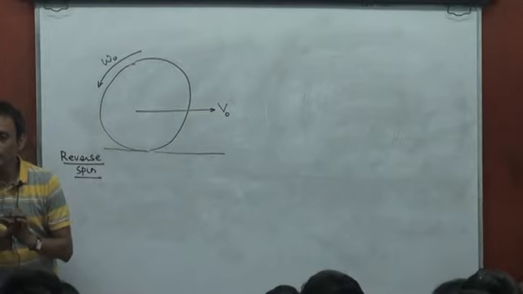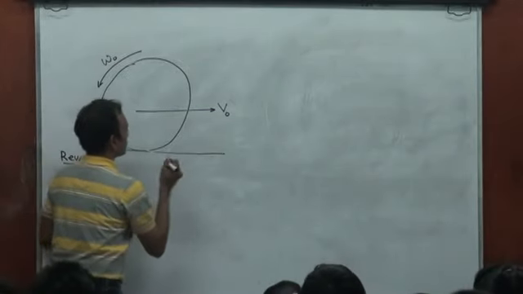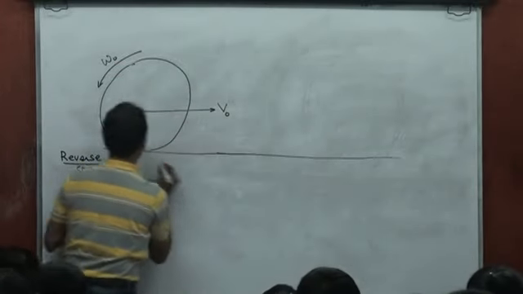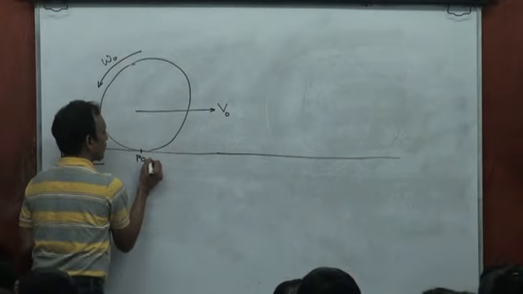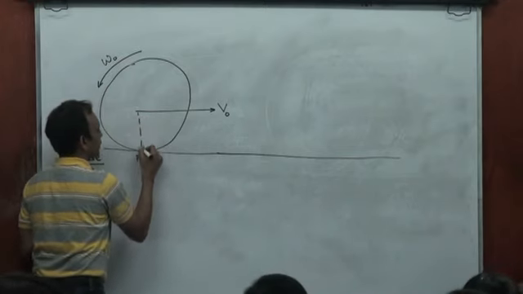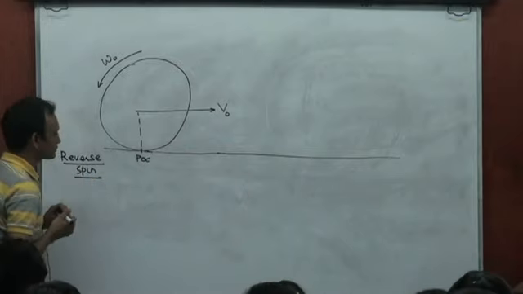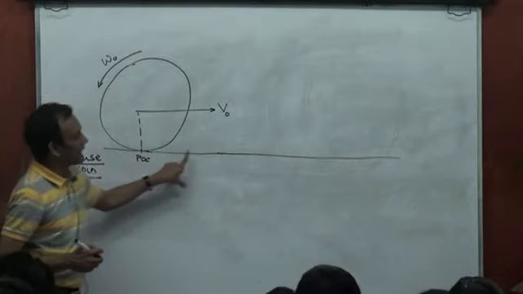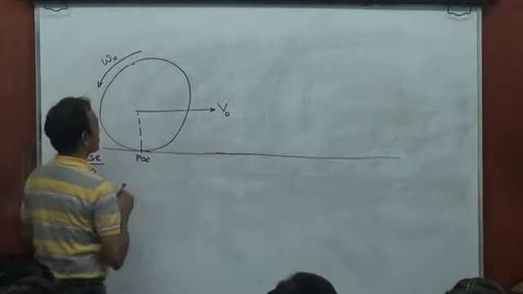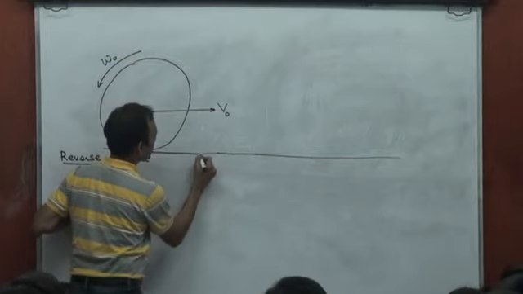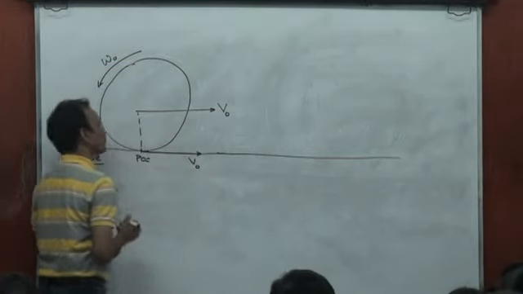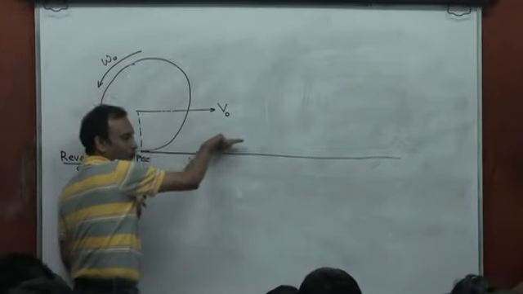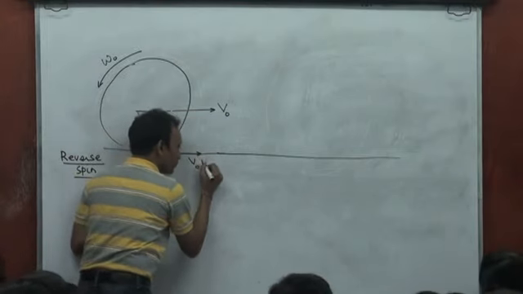Now, let's look at the point of contact. Because of pure translation, it will have a velocity v naught to the right. Now, because of pure rotation about the center of mass, it will have r omega naught also to the right.